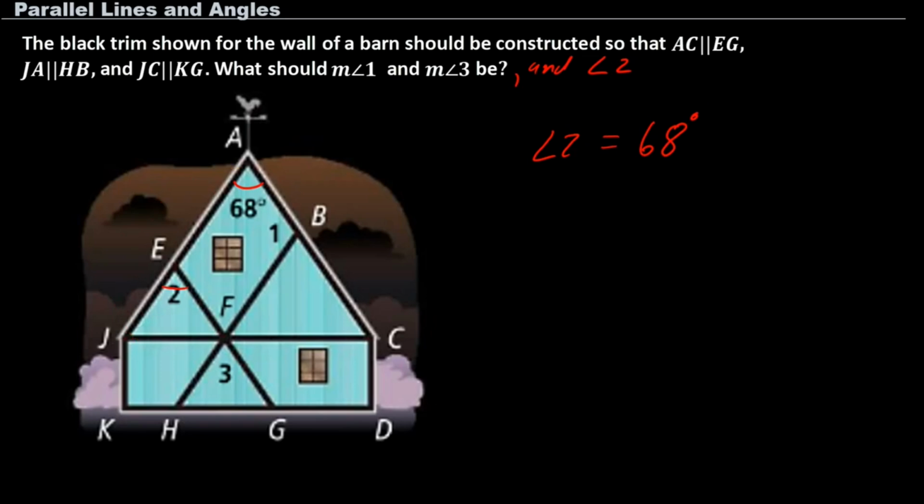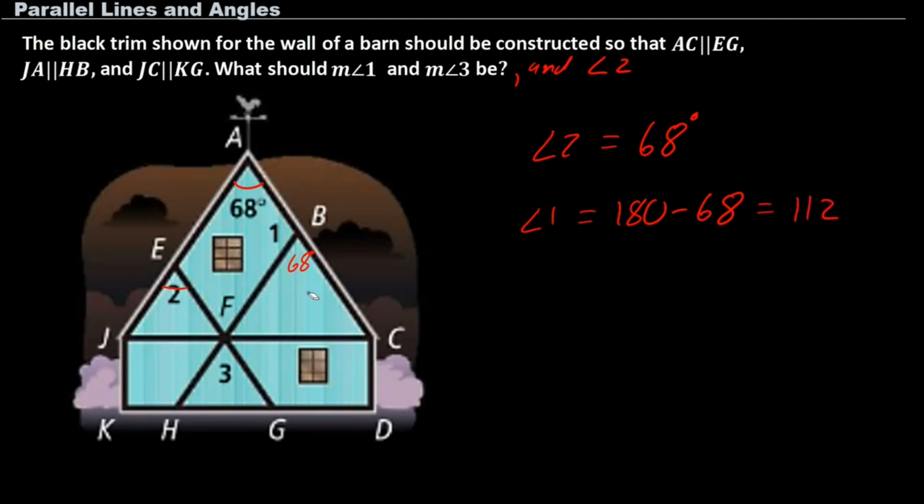Now, to get to angle 1, 68 degrees would be the same because, again, we have corresponding angles here. And then angle 1 and this angle are supplementary. So angle 1 is 180 minus 68, which is equal to 112.